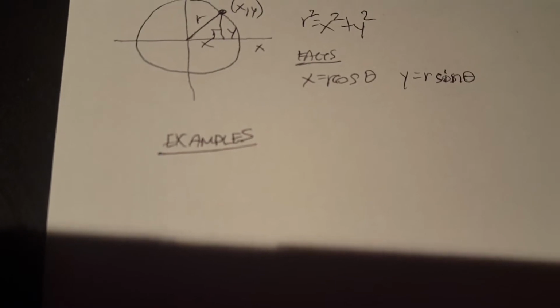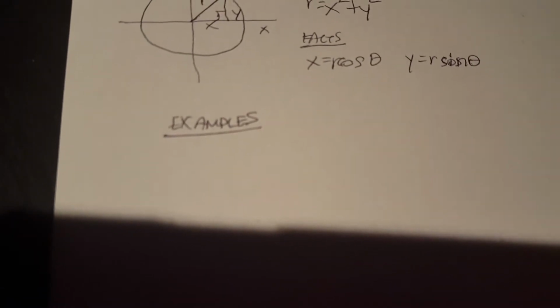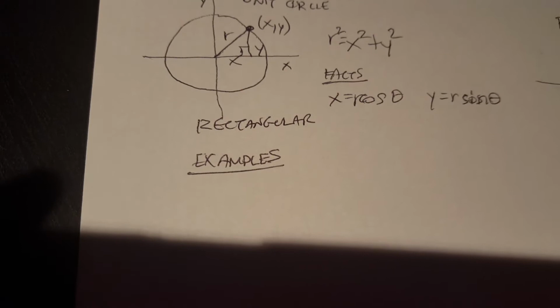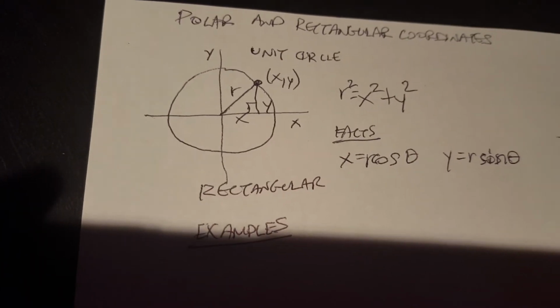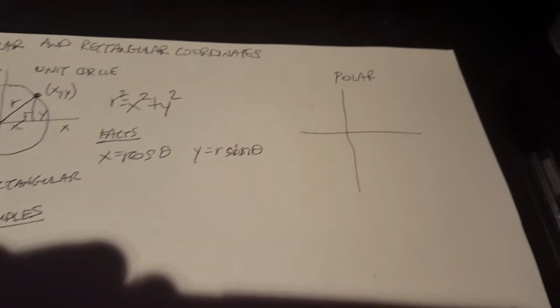So armed with this information, let's do some examples. Oh, one thing before we get to the examples. The unit circle up here is on a rectangular plane. When you're talking about a polar plane, you start from the origin and go to some point over here.